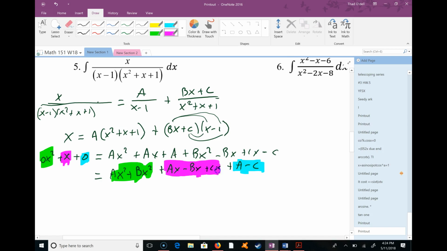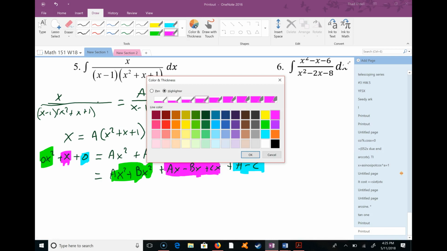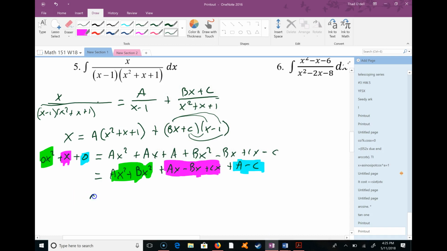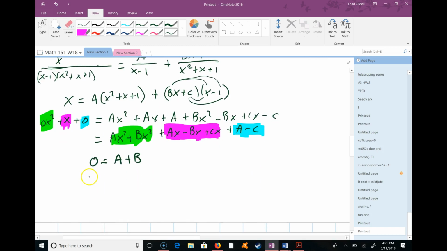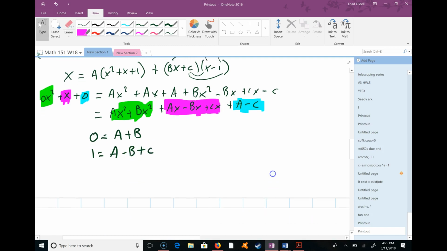So the purples match, the greens match, and the blues match, which tells me I can set up some equations here. That means that 0 has to be equal to A plus B because of the green, and 1 has to be equal to A minus B plus C because of the purple, and 0 has to be equal to A minus C because of the blue.